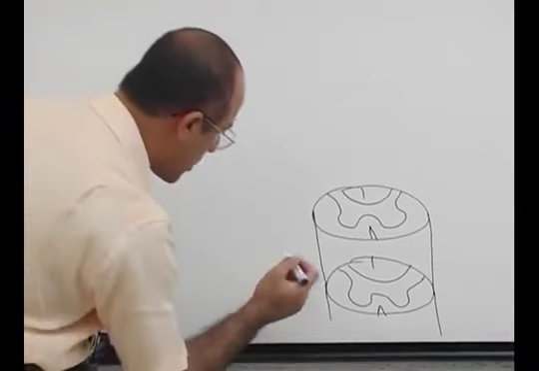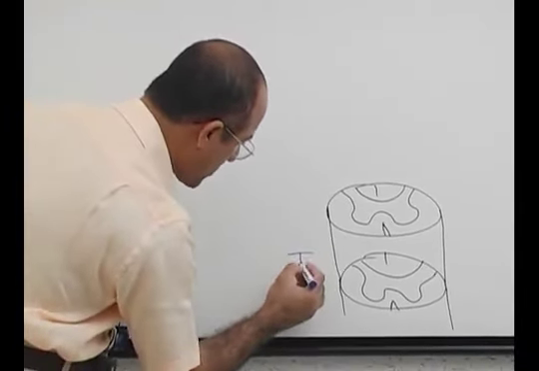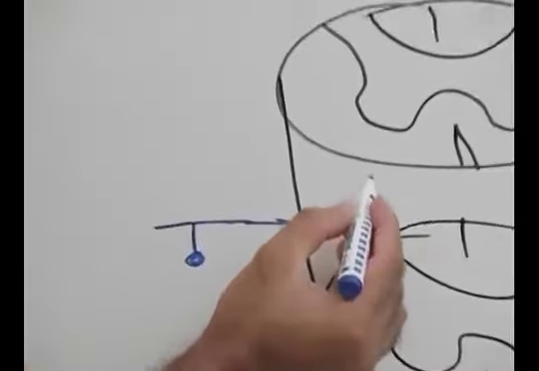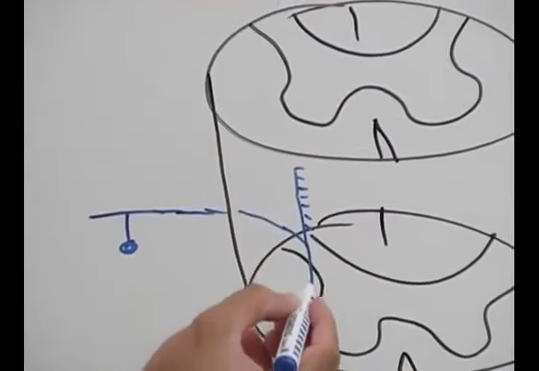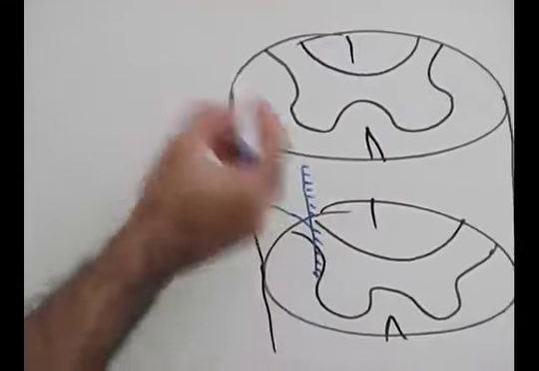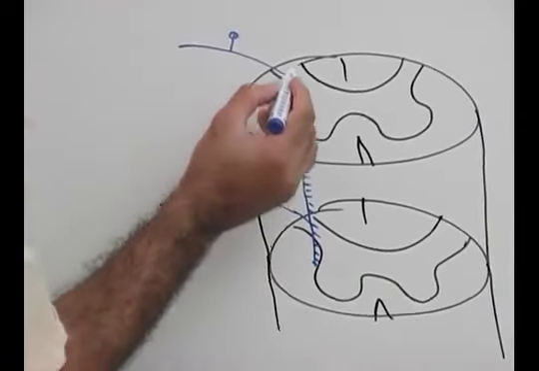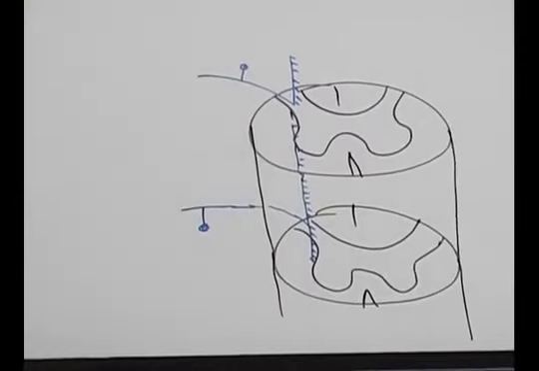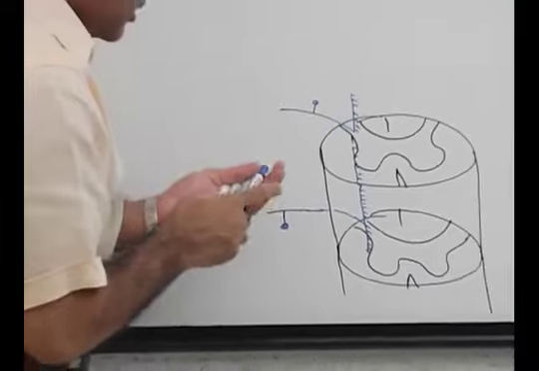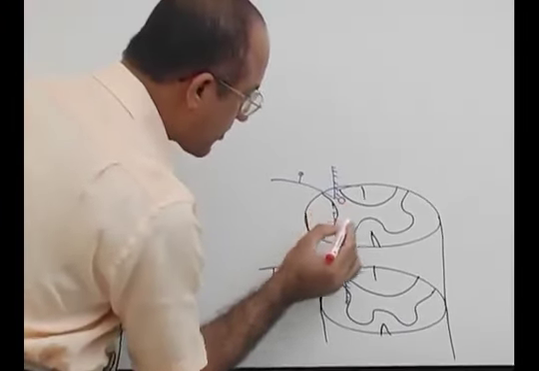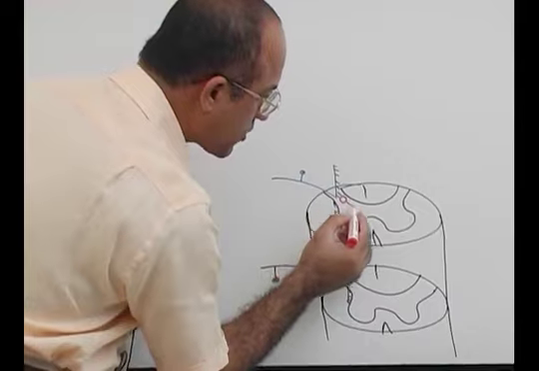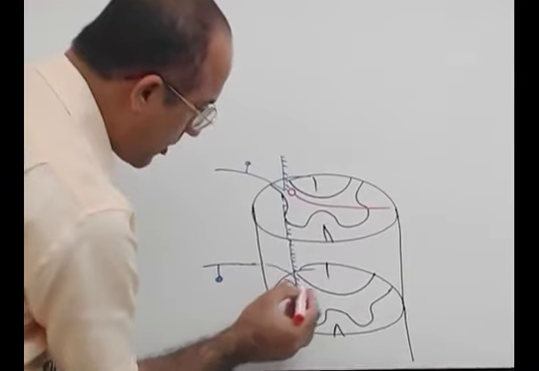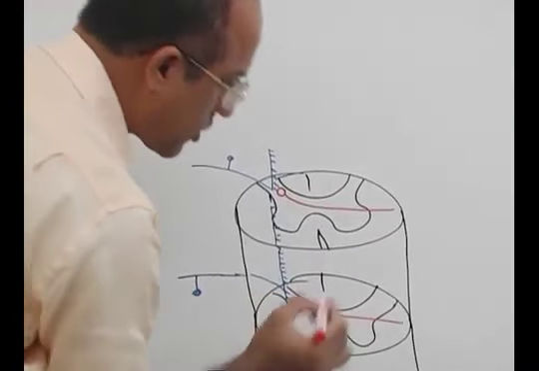First order neurons, I should draw by which color? Blue is okay? So first order neurons coming here, making what? Yes, tract of Lissauer. And first order neuron also coming here with the pain and temperature related and making tract of Lissauer, right? From here, second order neurons will start, right? And its fibers will cross to the opposite side, contralateral white column, right? From here also they will cross to the contralateral.